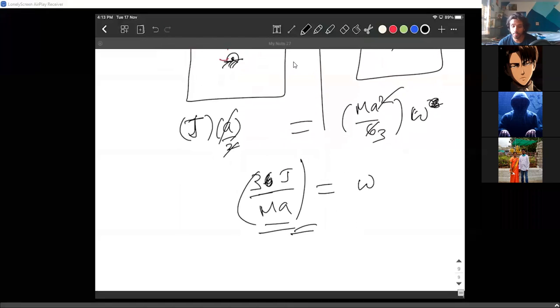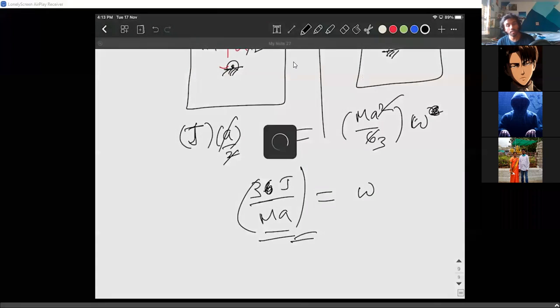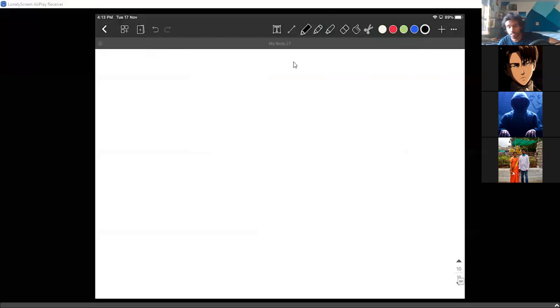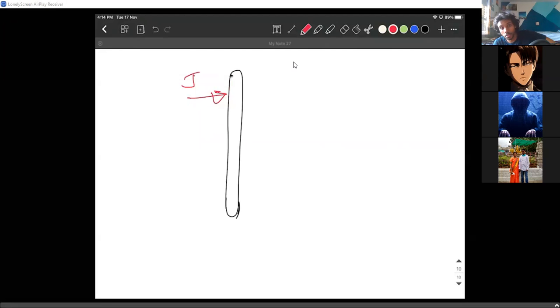Now, what if the body is not hinged at all? Like the same rod, it's not hinged. Now you give some impulse. We've done this kind of problem, where we used to give a simple force for a body which is not hinged.